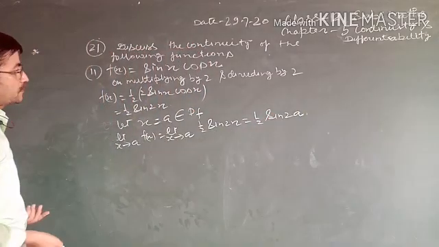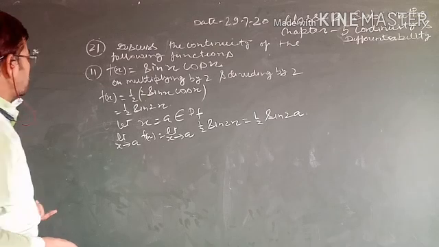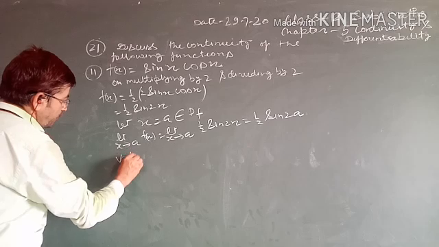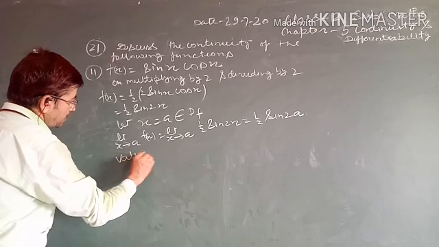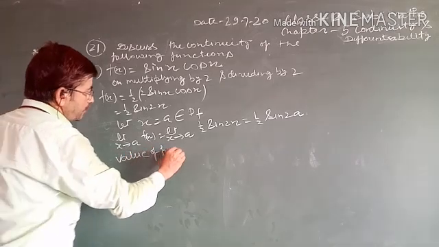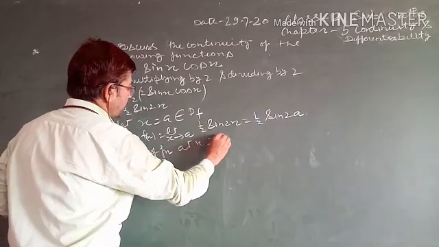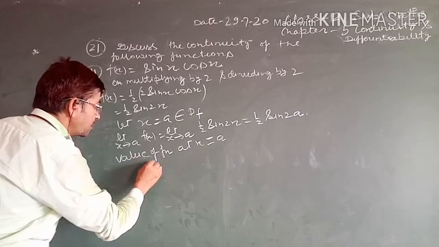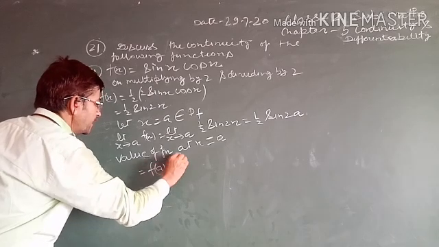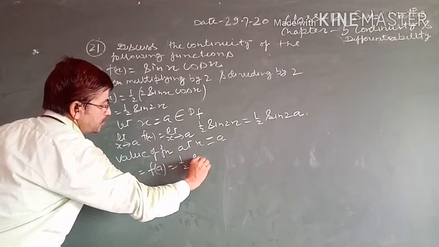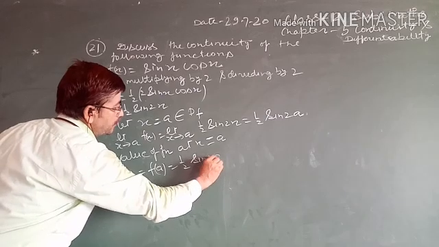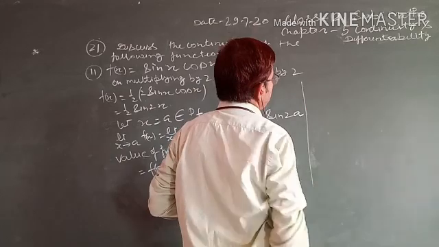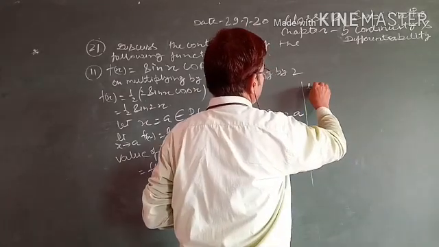Now, its value at x equal to a, the value of the function at x equal to a, is f(a), which is equal to 1 upon 2 sin 2a. Clearly, the limit of the function is equal to the value of the function.